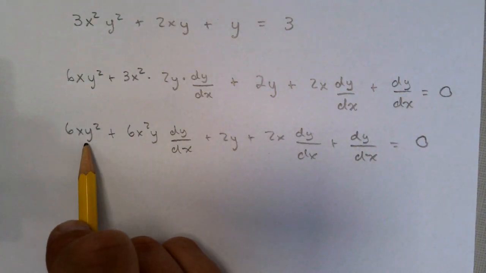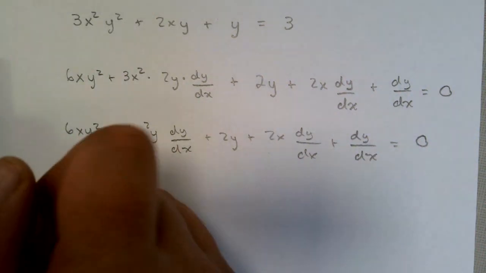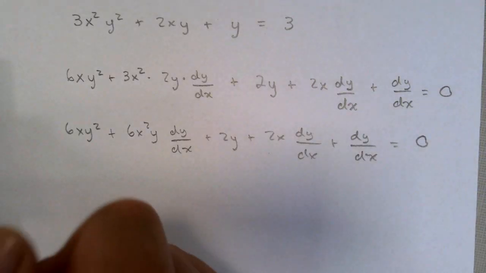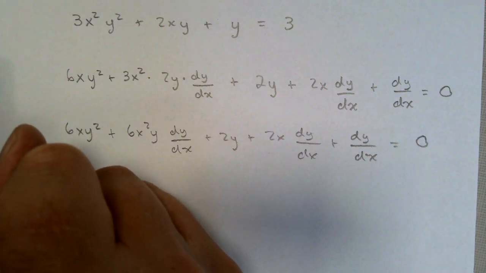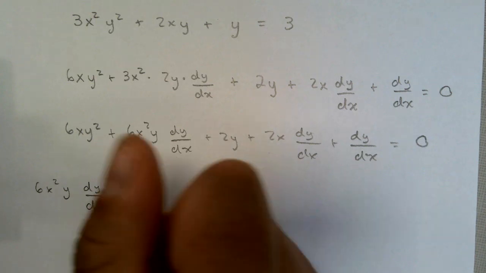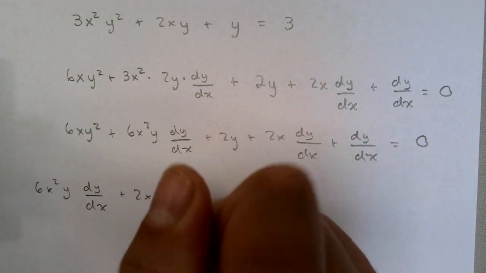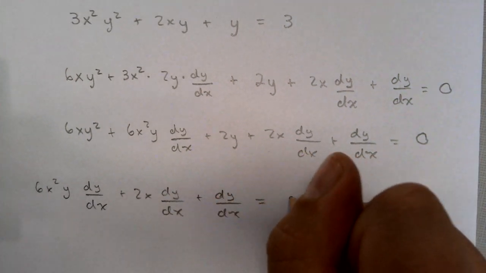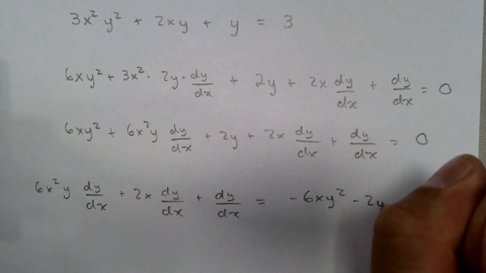So 6xy squared and 2y to the other side. And then we're also going to factor out a dy dx from what's left. So we have 6x squared y times dy dx plus 2x dy dx plus dy dx is equal to negative 6xy squared minus 2y.